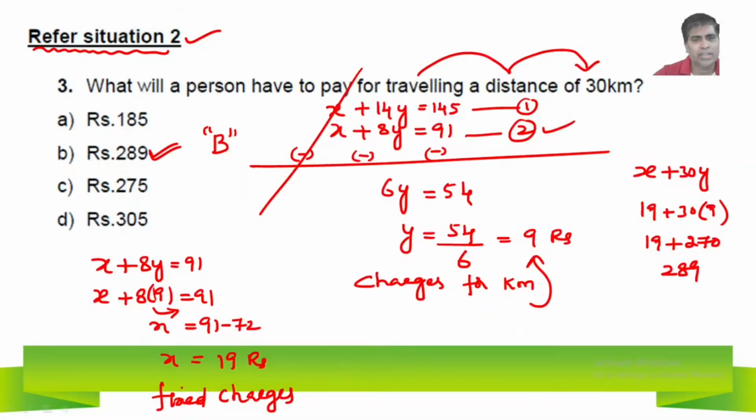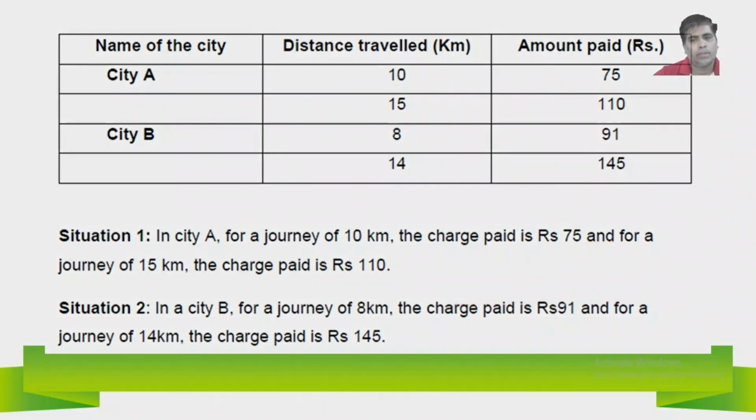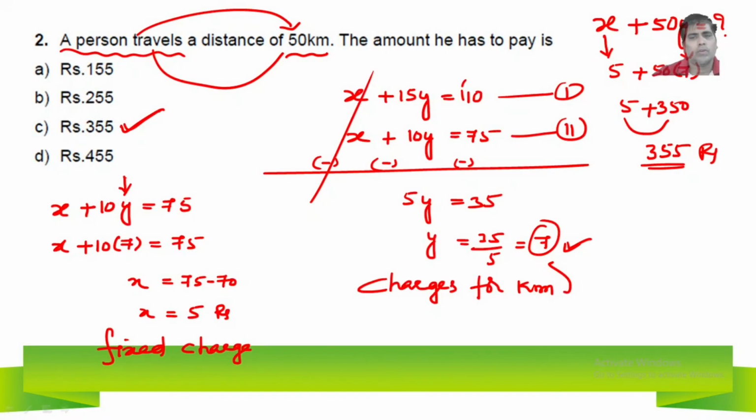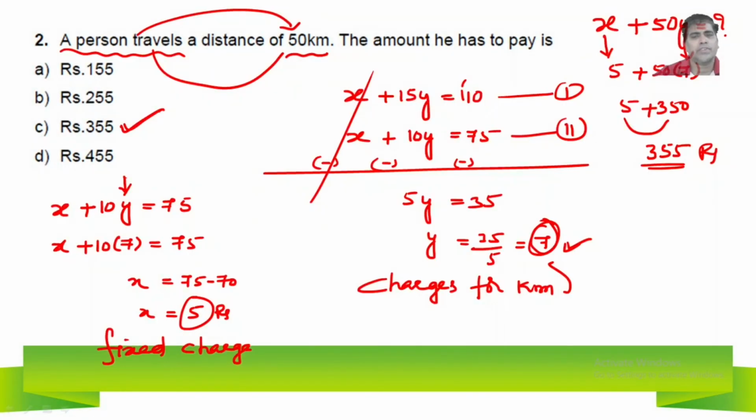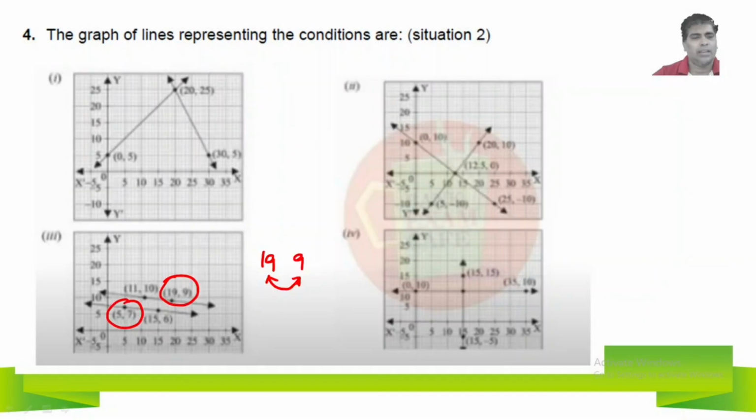If you go back and check, we got 5 and 7 there, and in the next question we got 9 and 19. Based on these two values, we can clearly see that our option goes to 3.